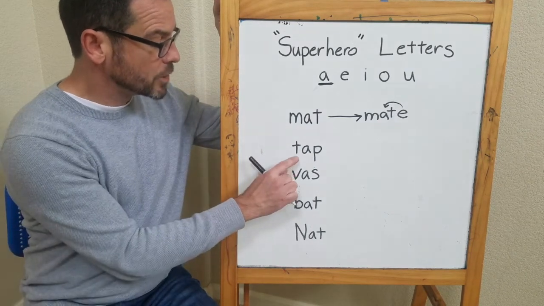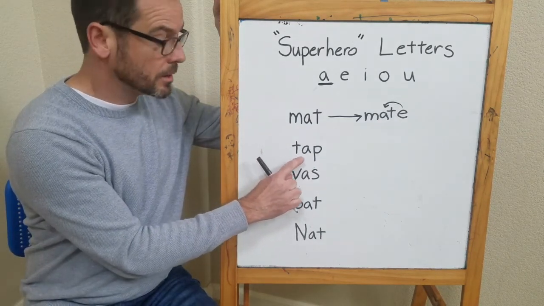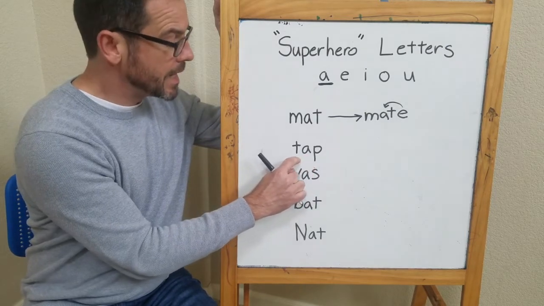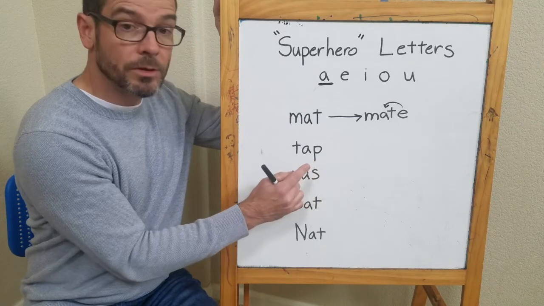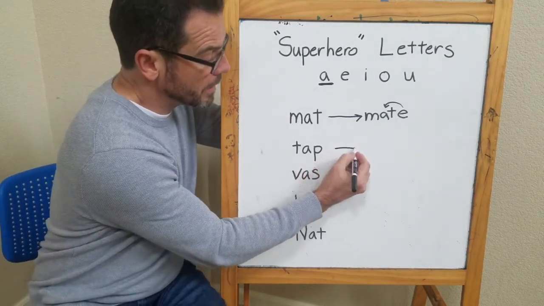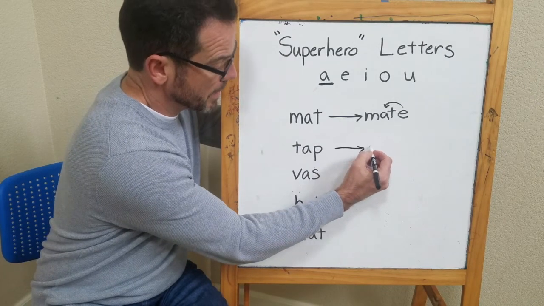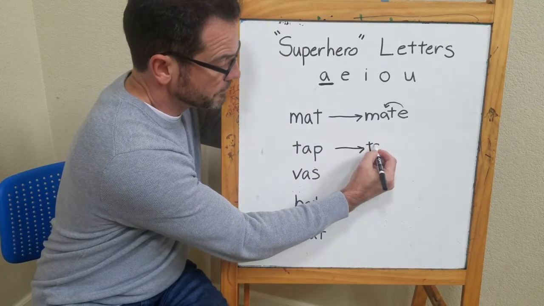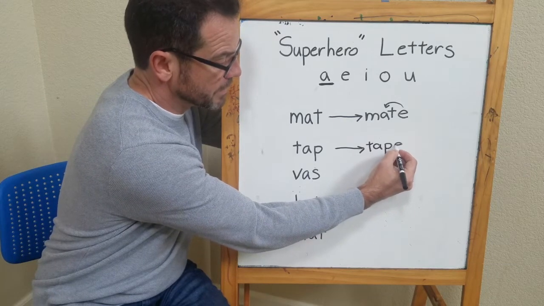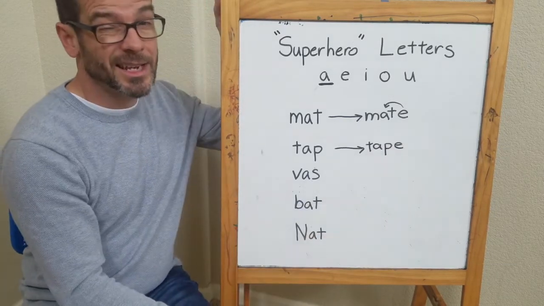Sound this one out first for me. T, a, p. Let's blend it. Tap. What's the word? Tap. Excellent. Now, if we go ahead and we add a bossy E to the end of tap, that superhero letter gets to say its name.